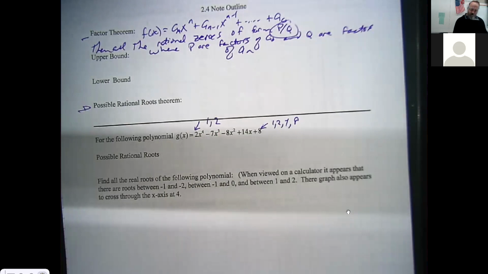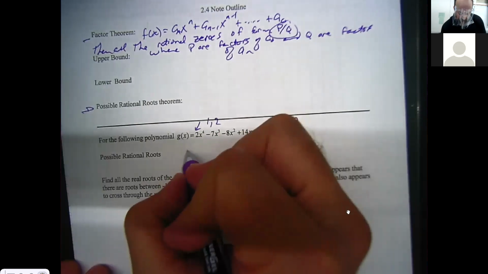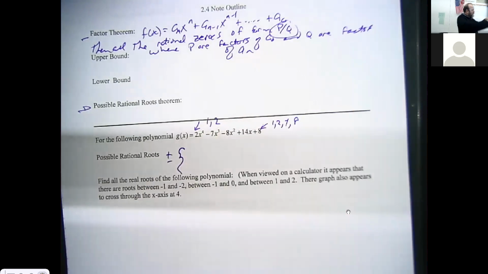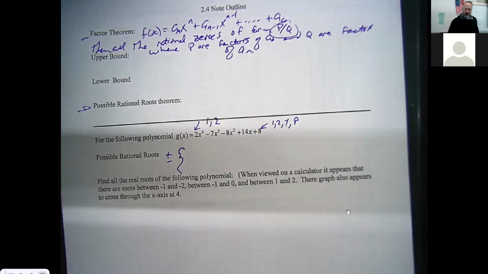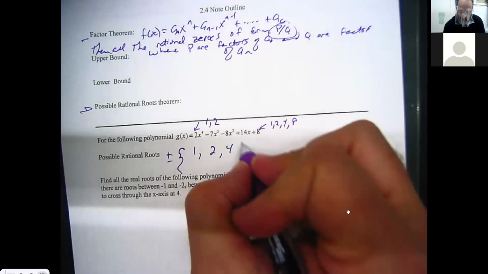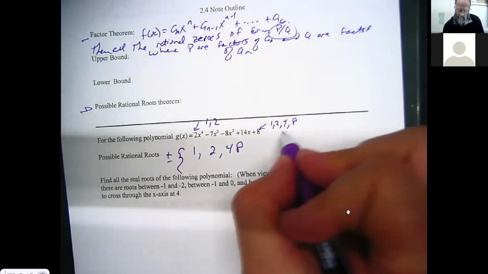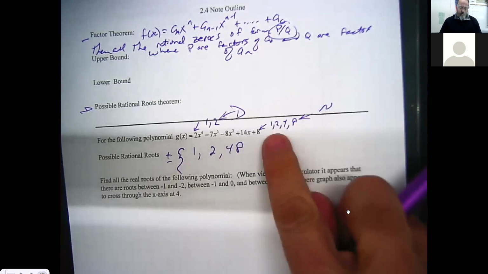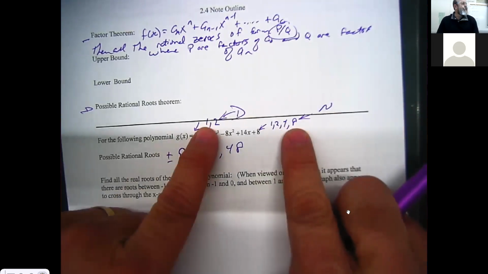So the possible numbers that could go into that are the following. I usually put a squirrely brace and then I put a plus or minus in front because I'm going to make a list. Now, if I wrote any one of these numbers, 1, 2, 4, and 8, and I divided them by 1, because remember, these are the numerators, these are the denominators. So what happens if I take 1, 2, 4, and 8 and divide them by 1?